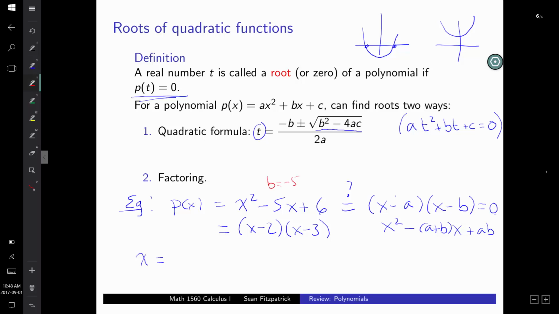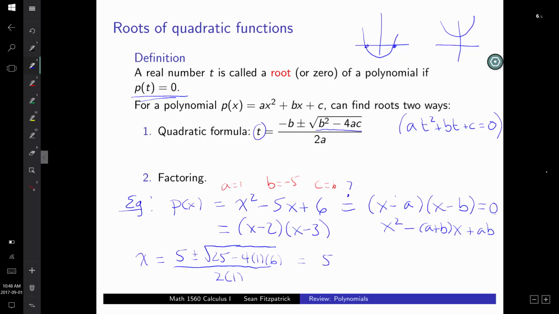C is 6, A is 1. So minus b gives me 5 plus or minus the square root of minus 5 squared, 25, minus 4 times 1 times 6, over 2 times 1.